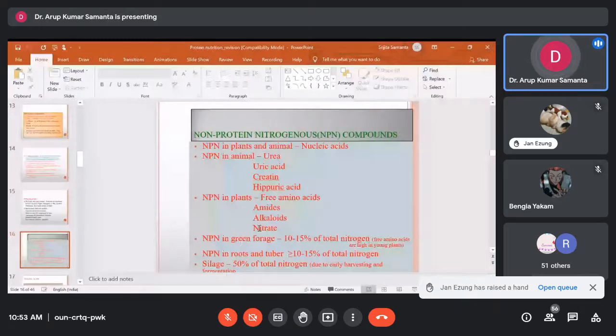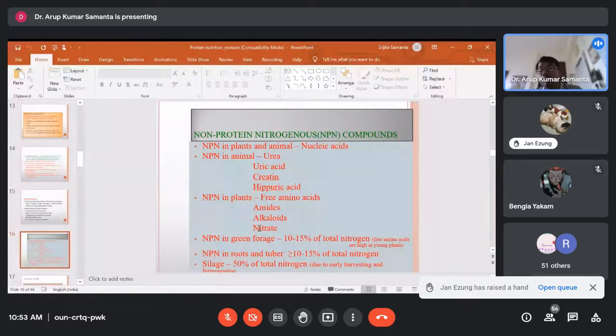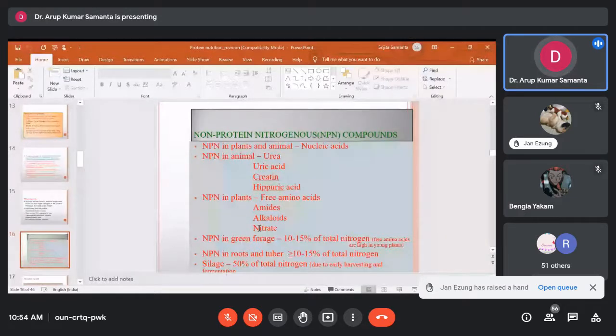A question is asked whether a single amino acid, let it be lysine, is considered a protein or a non-protein nitrogenous compound. If you remember the definition of true protein, it is a polypeptide chain where the amino acids are linked by peptide linkages.